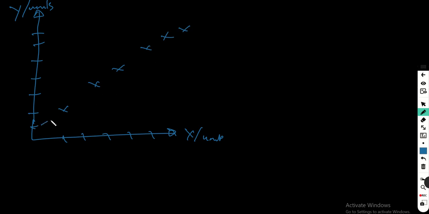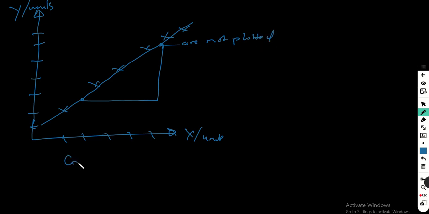After that, you draw a straight line. When you draw a straight line, you look for your gradient. Make sure the points you use are not plotted points. Gradient is change in y over change in x.